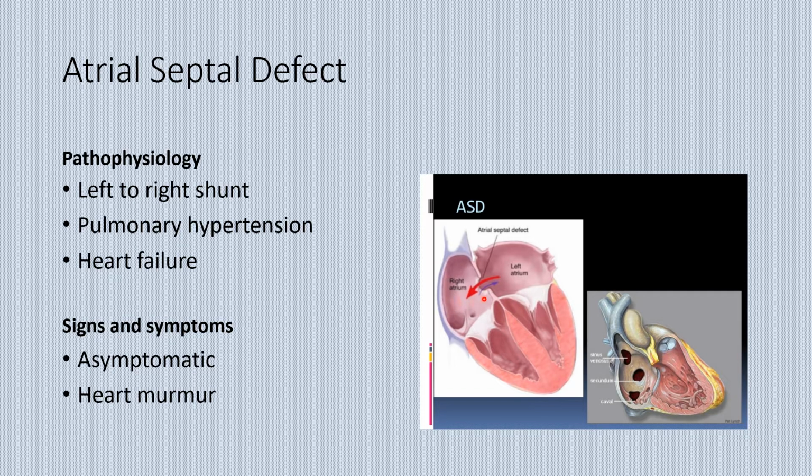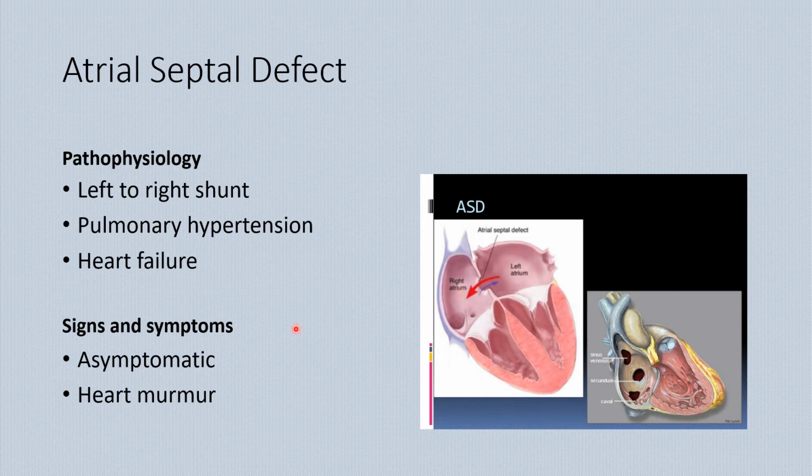And what happens? There would be left to right shunt of the blood, which would increase the blood flow into the right atrium and back to the lungs, leading to pulmonary hypertension, and eventually right heart failure may occur.